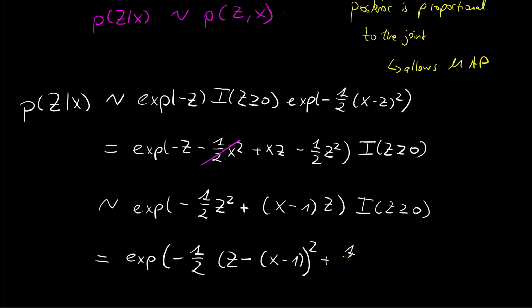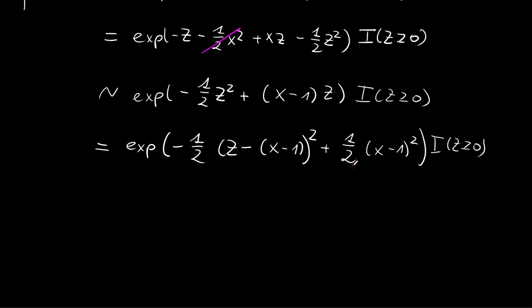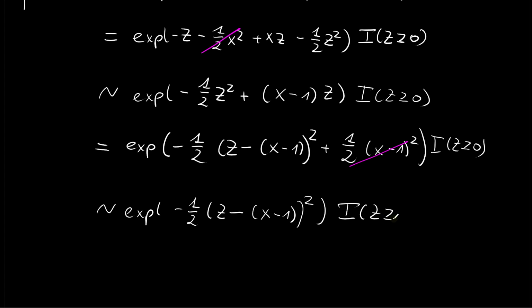And then we keep this term here in order to have the equation correct and the indicator function, of course, after the exponential. And again, this will just be another constant, so we can work in terms of the proportional and have exponential of minus 1/2 z minus x minus 1 in brackets squared, then another closing bracket for the exponential multiplied with the indicator function.